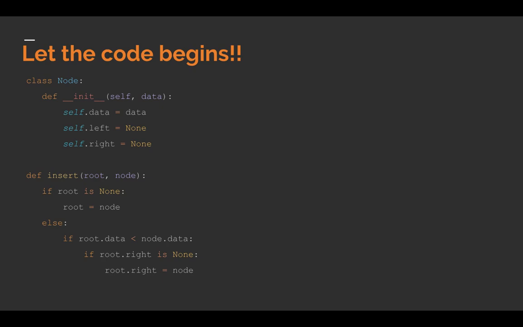Now I have written the code for this solution in Python. So here I have made a class Node. This is the constructor for this class, and whenever we make an object of this class we have to pass data, the number of biscuits in the node, because the node contains it.